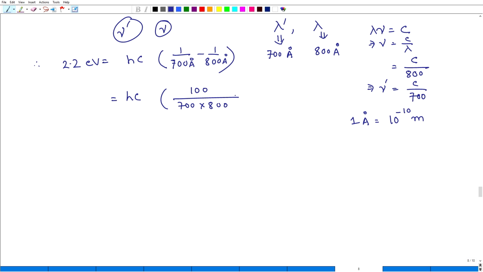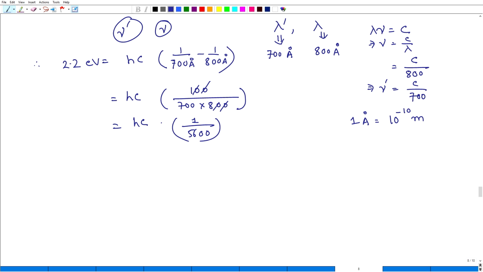Yes. So this will be the case. Okay, so hc into 1 by 5600. What will be the unit? Armstrong inverse, right? Armstrong inverse.